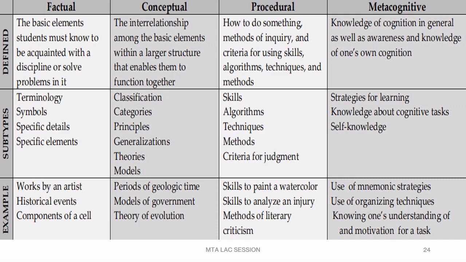And third, procedural, it is how to do something, or the methods of inquiry and criteria for using skills, algorithms, techniques, and methods. And for the metacognitive, which is the highest level of the knowledge dimension, it is the knowledge of cognition in general, as well as awareness and knowledge of one's own cognition.